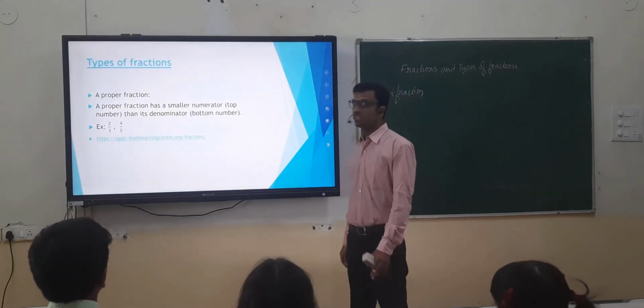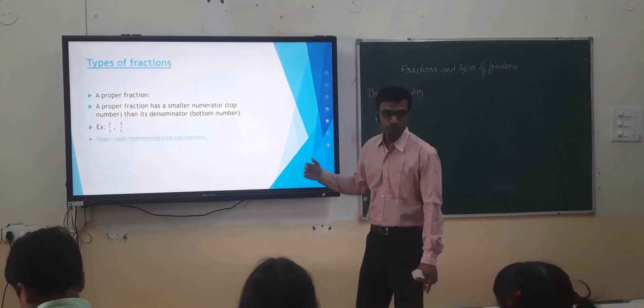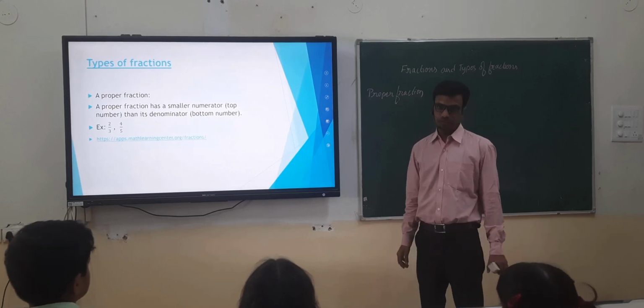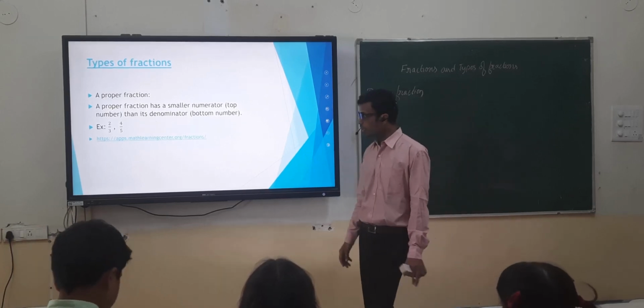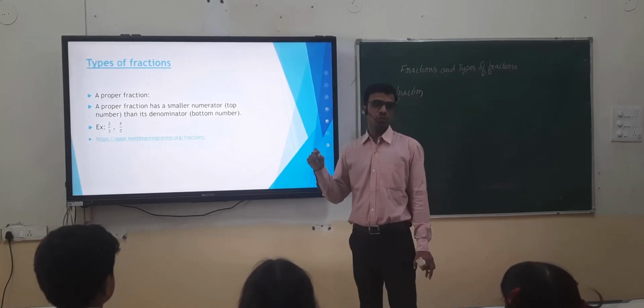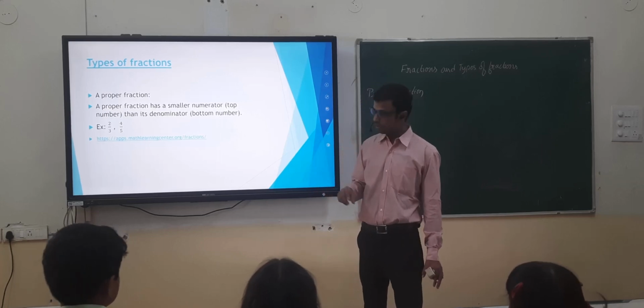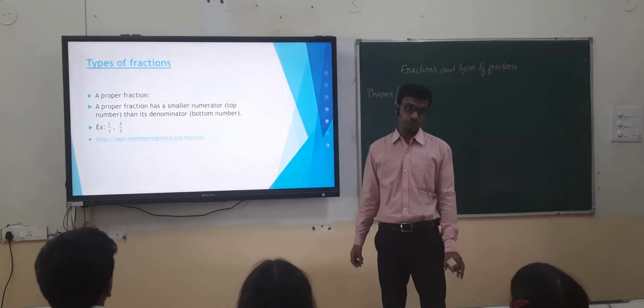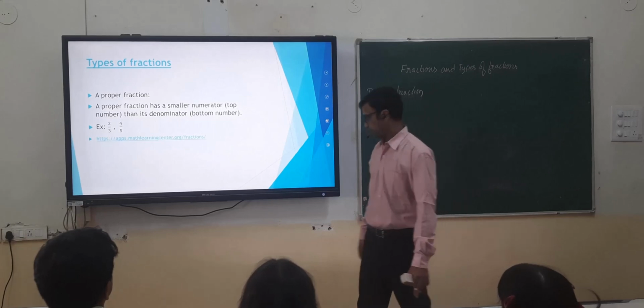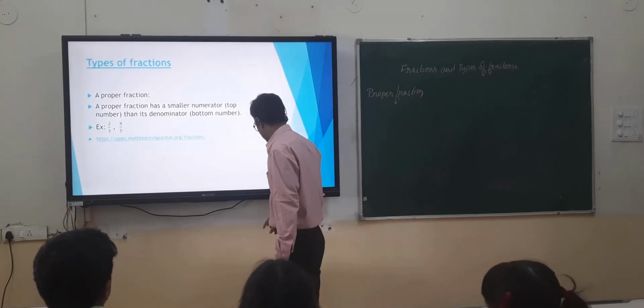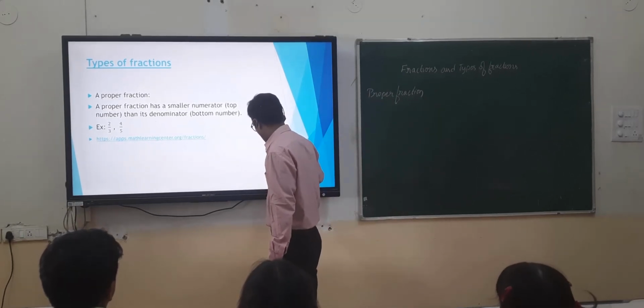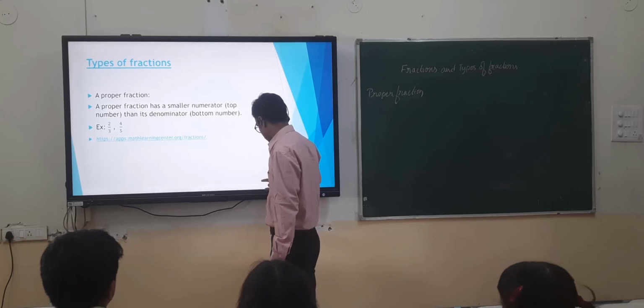A proper fraction has a smaller numerator compared to the denominator. When we compare numerator and denominator, when we get a smaller number in the numerator and the denominator is bigger, we call that kind of fraction what? Proper fractions. Okay, so that we will learn with this one. I will show how it looks.